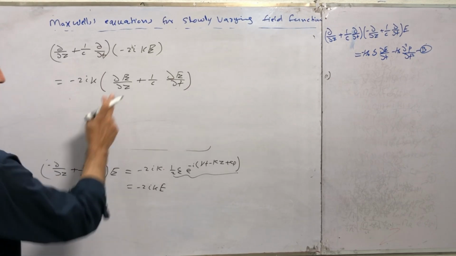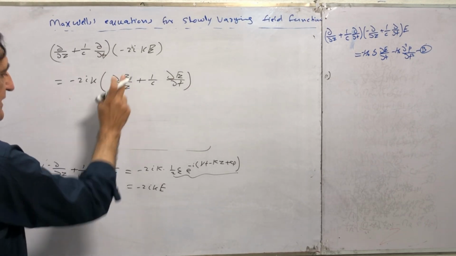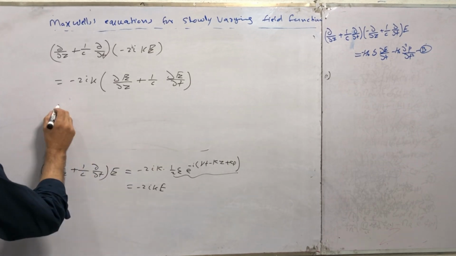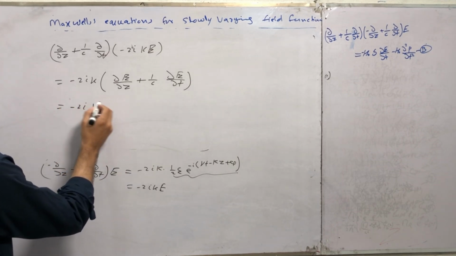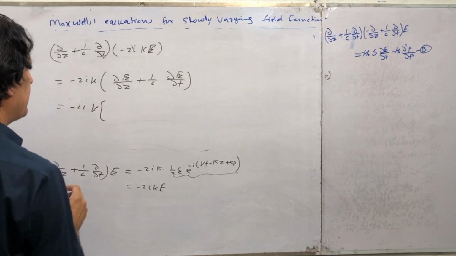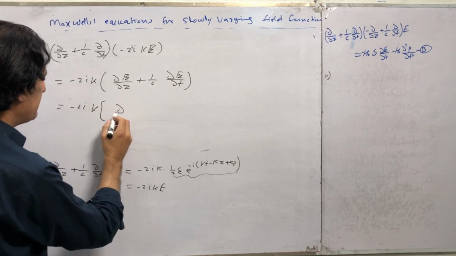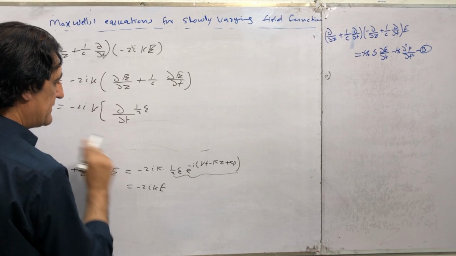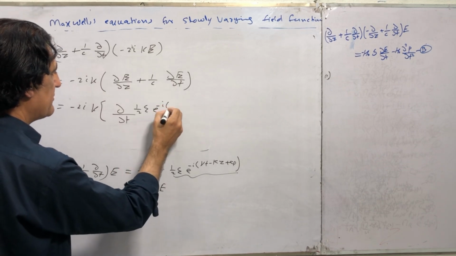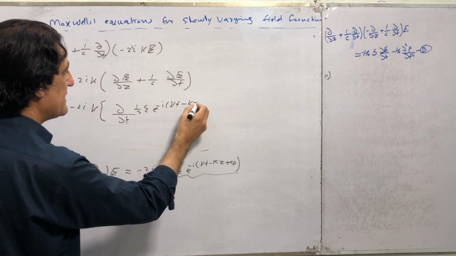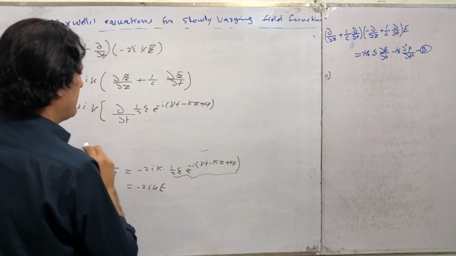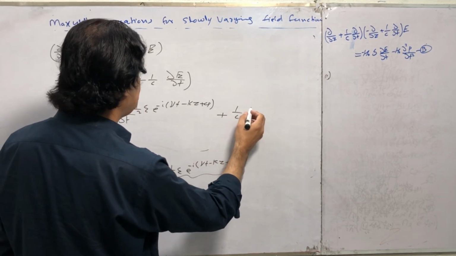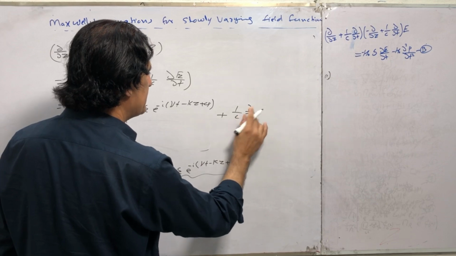And we know about the value of e, which is like this. Then minus 2 iota k, and partial divided by partial z, 1 over 2 epsilon and e to the power minus iota nu t minus kz plus phi, and plus 1 over c partial divided by partial t.